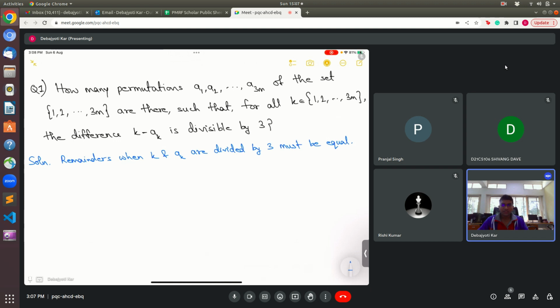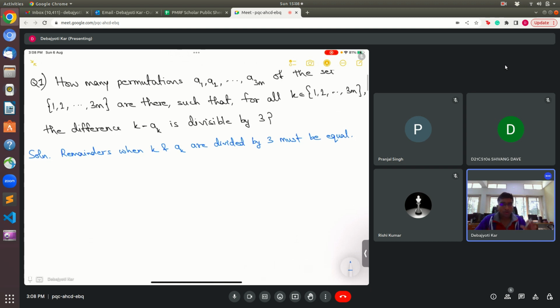This is the equivalent condition of saying that 3 divides k minus ak. Now, what are the possible remainders when some number is divided by 3? It's 0, 1 or 2. There are 3 possible remainders.